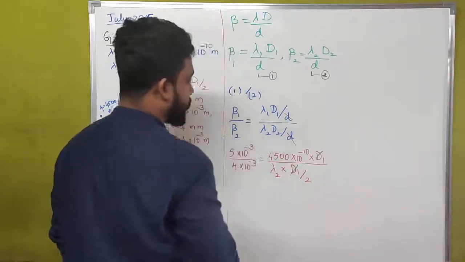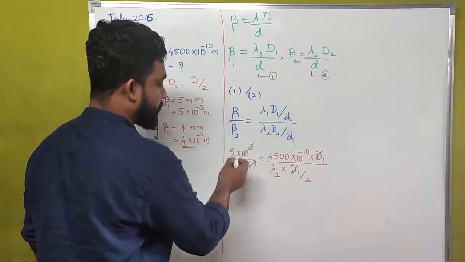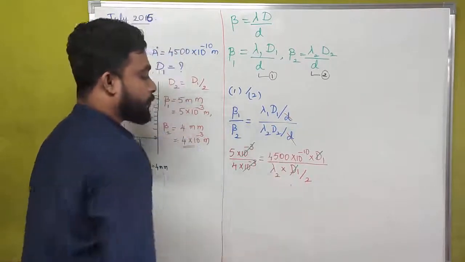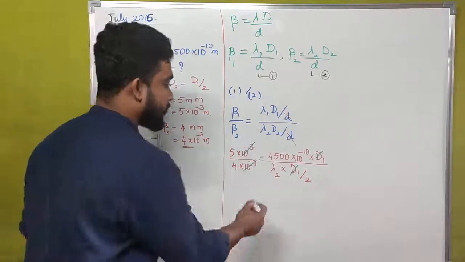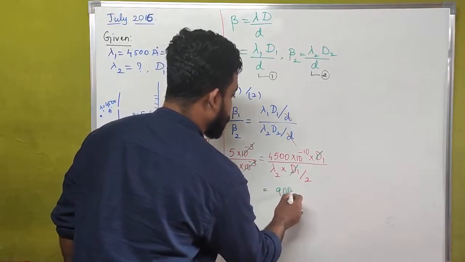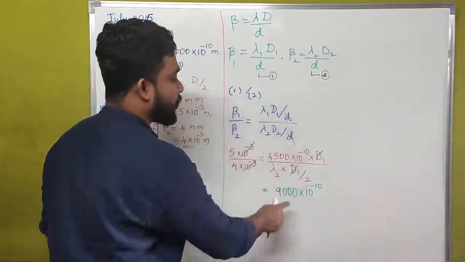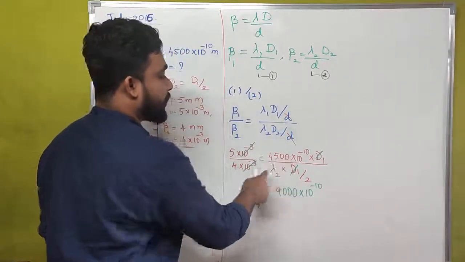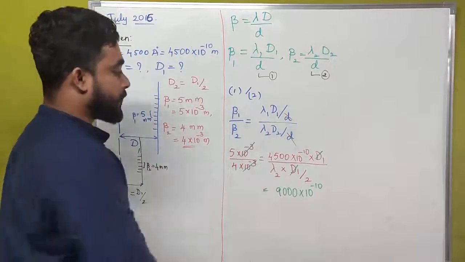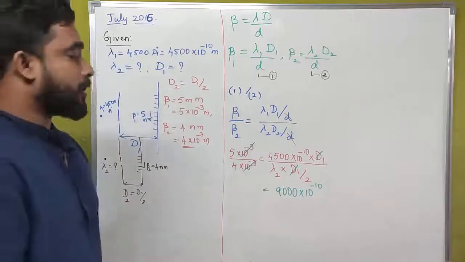Then if it shifts to the numerator, what we will get here, 10 to the power of minus 3 gets cancelled. 2 into 4500, that is 9000 into 10 to the power of minus 10. How have we got this? This 2 is going to multiply with 4500. 4500 into 2 is equal to 9000 into 10 to the power of minus 10.